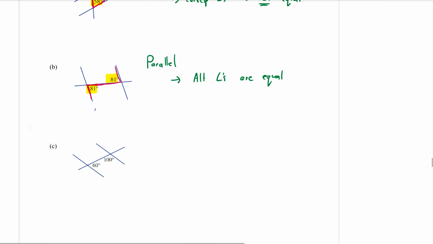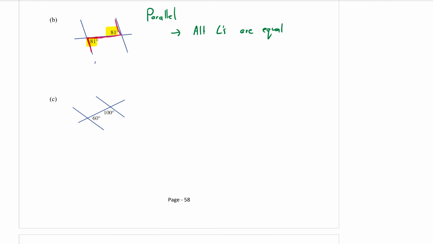One more question to do. I have arms around the 100, arms around the 60, and they make a C shape. So those angles should add to 180 degrees. Do they? All right, 100 plus 60 only makes 160 degrees.